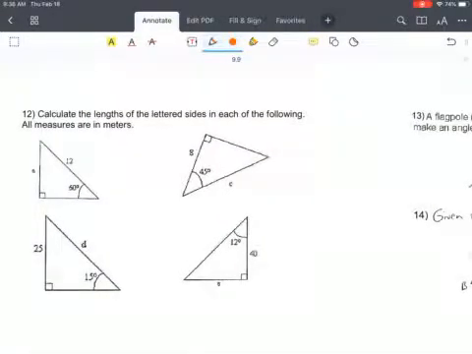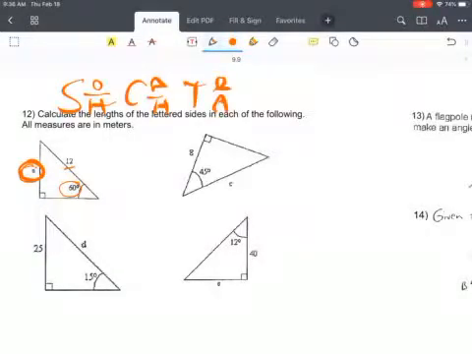For number 12, we need to actually set up the trig function as well. In this case, I am looking for A first. I have angle 60, and then the hypotenuse 12. So I need to take the fact that I have the angle 60, and then I'm looking for opposite. Remember SOHCAHTOA here. I am looking at opposite and then 12. So that would be the sine of 60 equals A over 12.